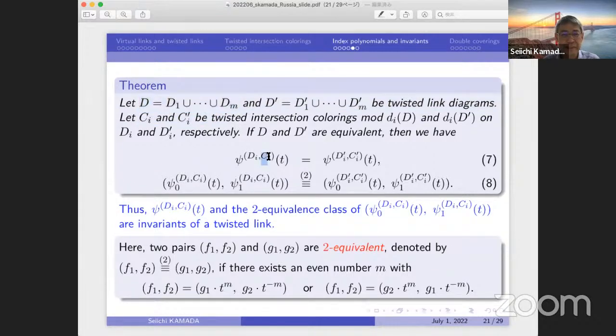Then the twisted intersection coloring is just a usual intersection coloring.